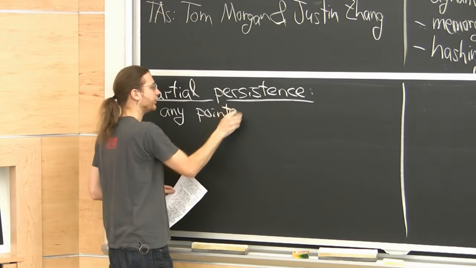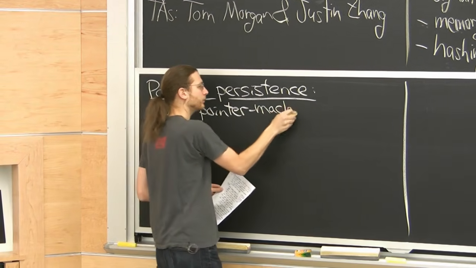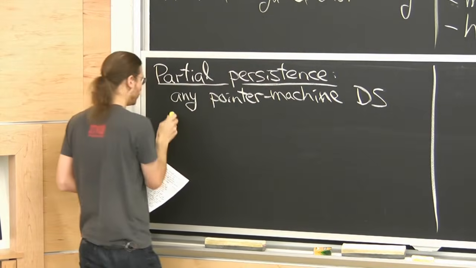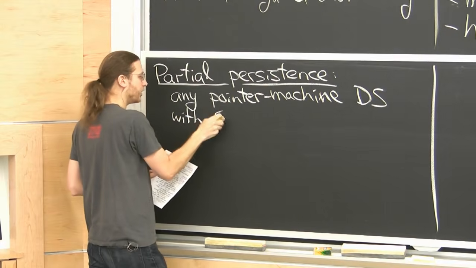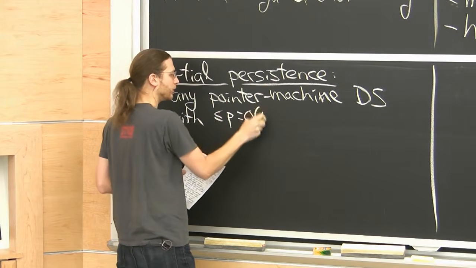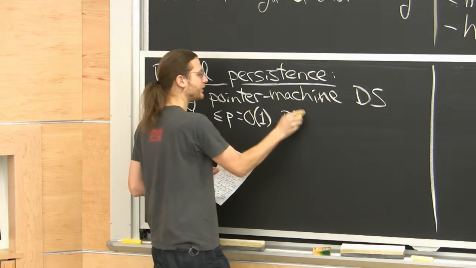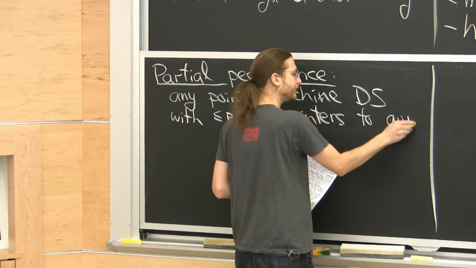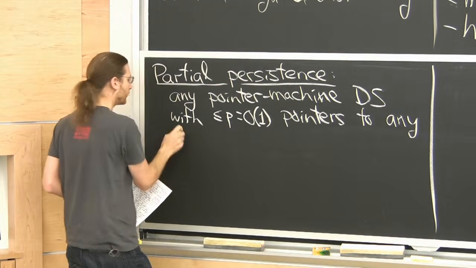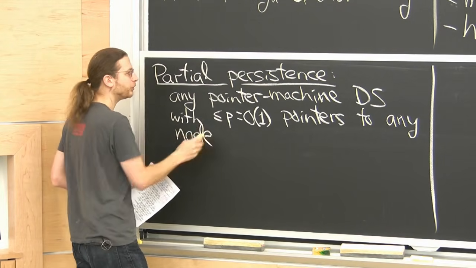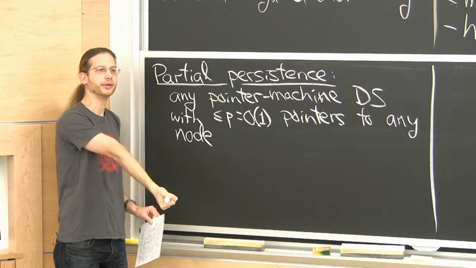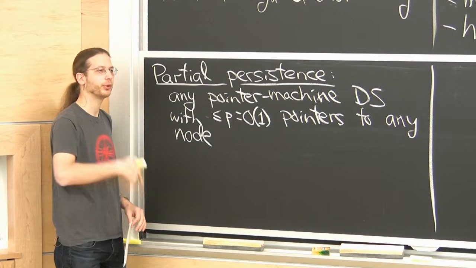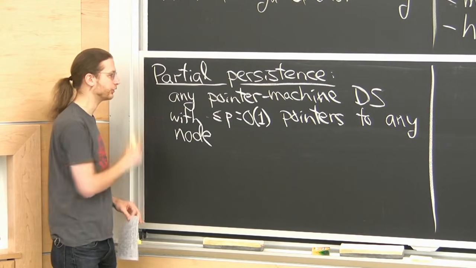Any pointer machine data structure with one catch, a constant number of pointers to any node. So this is constant in degree. In a pointer machine, you always have a constant number of pointers out of a node at most. But for this result to hold, we also need a constant number of pointers into any node. So this is an extra constraint.